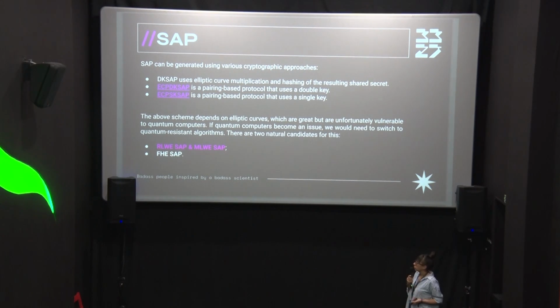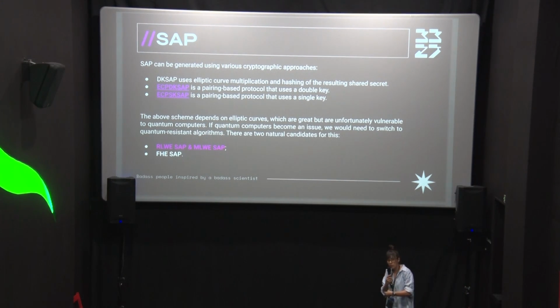Those protocols above are really great protocols, but they are not quantum resistant. If we want to have quantum resistant protocols, then we need to use a different technique. So we use ring learning with errors and module learning with errors techniques in order to obtain stealth address protocols that are quantum resistant. These two protocols were also created by Mihailo and me, and today we will talk about these protocols.